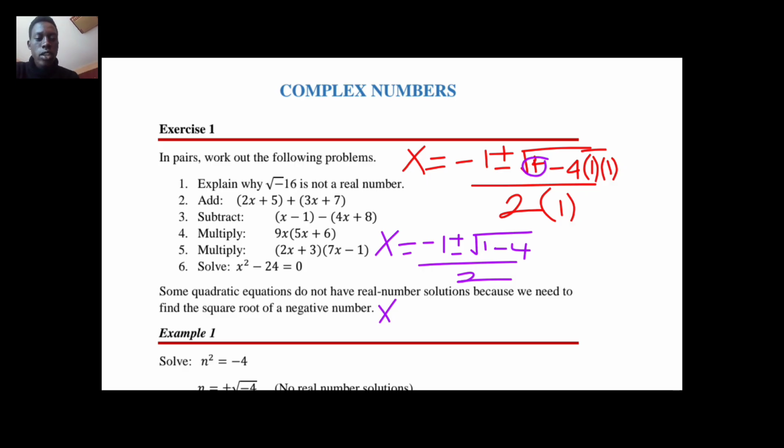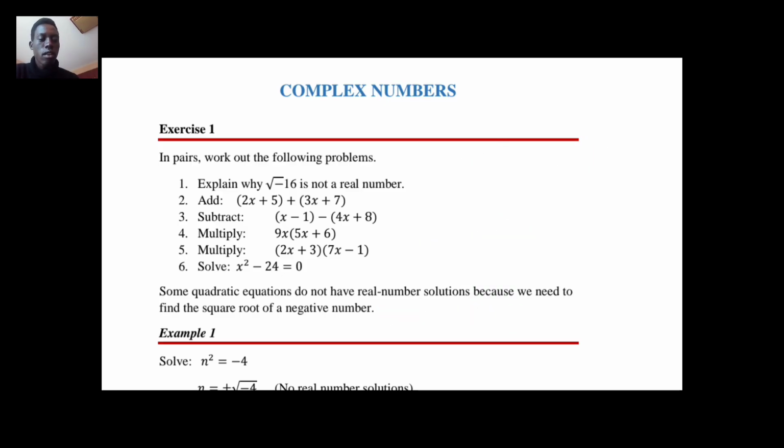X is going to be equal to -1 plus minus root of 1 minus 4. 1 minus 4 here is negative 3, so negative 3 out of 2.